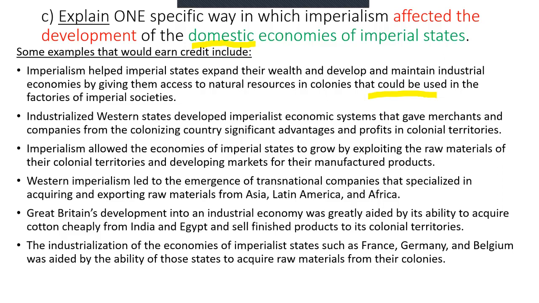Imperialism allowed the economies of imperial states to grow by exploiting the raw materials of colonial territories and developing markets for their manufactured products. In many cases, this is the historic development. This is an acceptable answer.